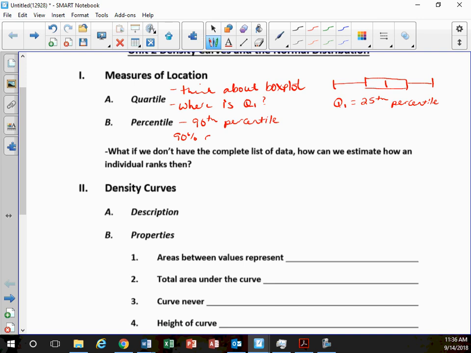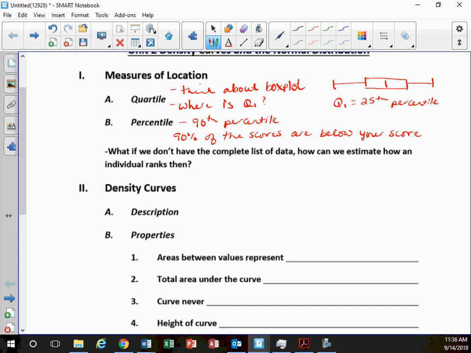This means that 90% of the scores are below your score. Okay, so it's all about a position. It's a location. You are thinking 0 to 100. Where are you on that distribution?